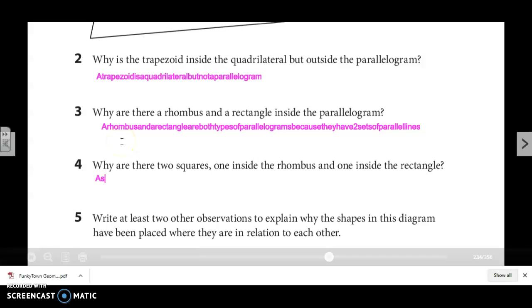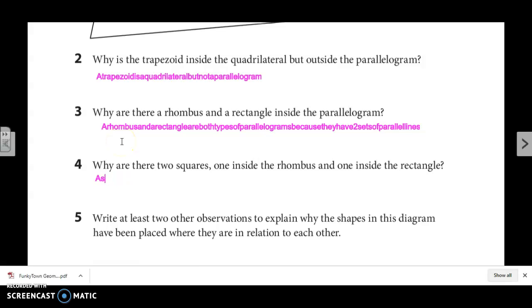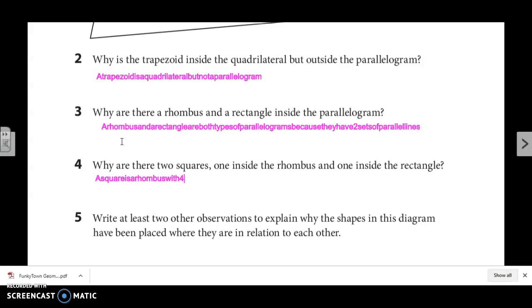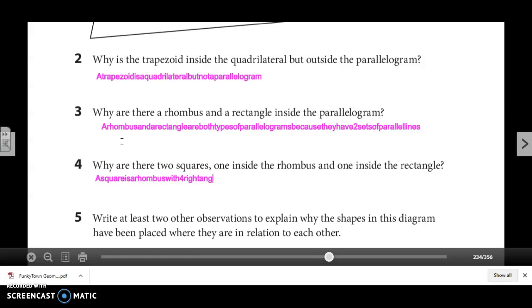Well, that's because a square is a rhombus, but it's a special rhombus because it has 4 right angles.